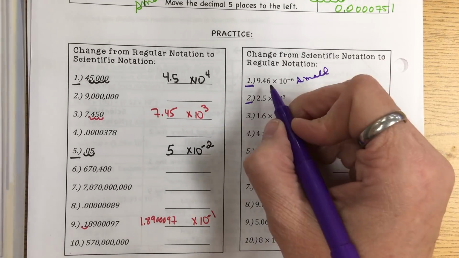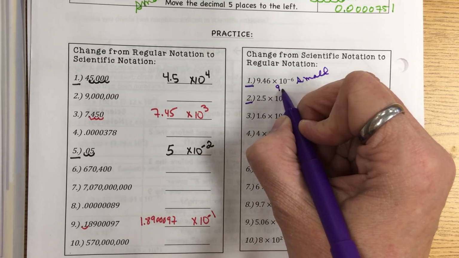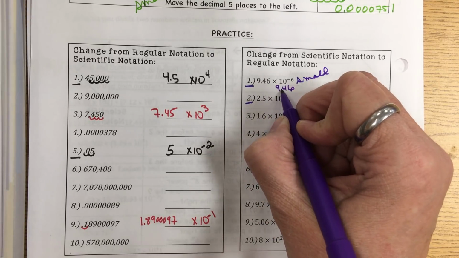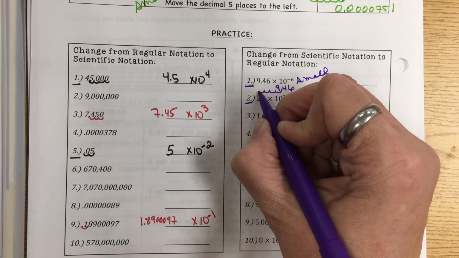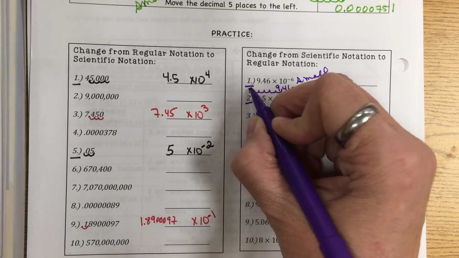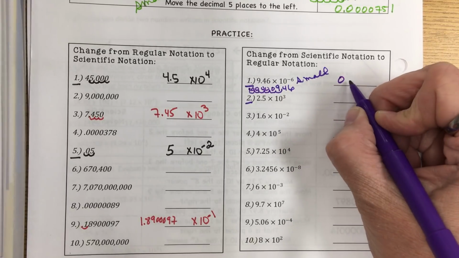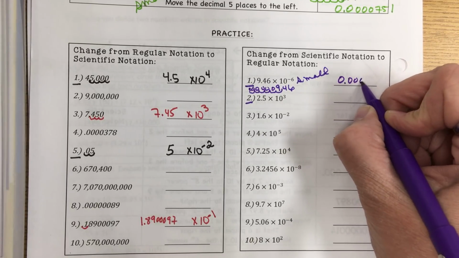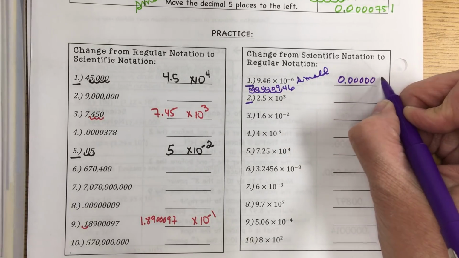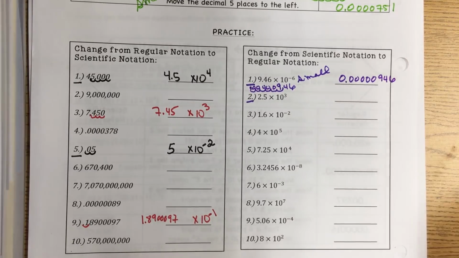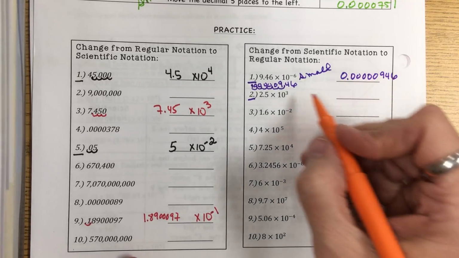So there's not a lot of space here. So I'm just going to do here 9.46 and go 1, 2, 3, 4, 5, 6. Over here. Sorry, I couldn't count and write at the same time.